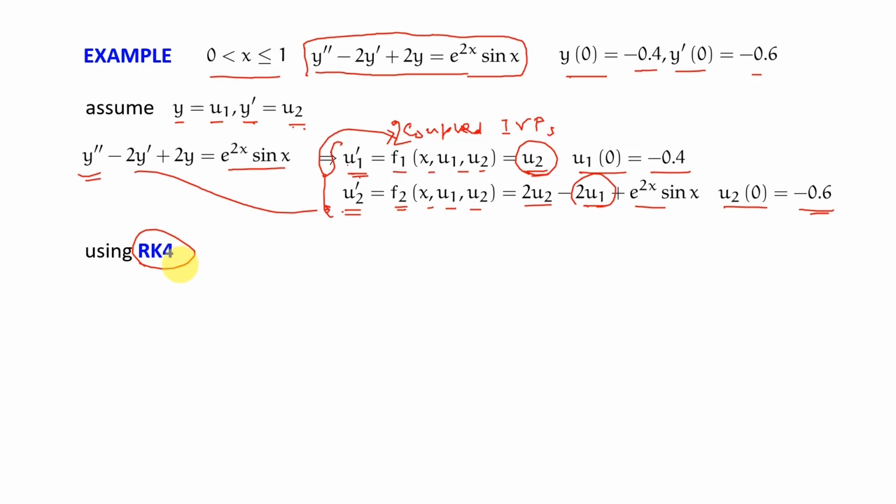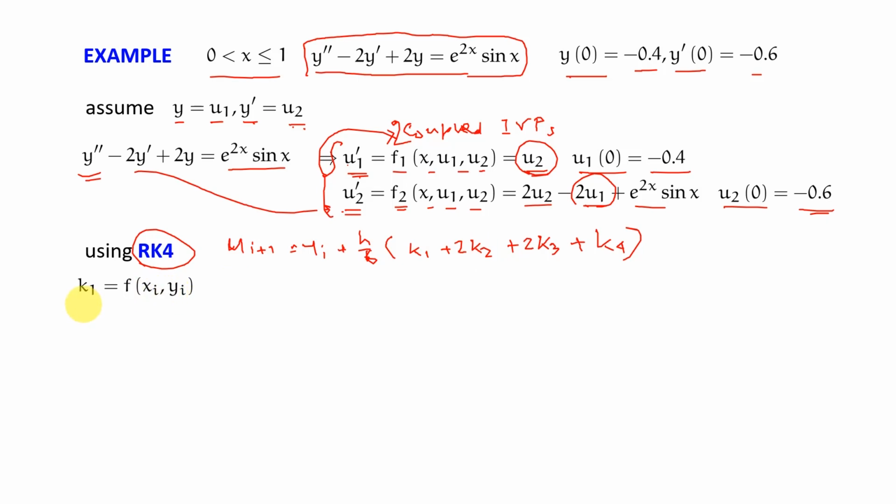If we have one equation, one unknown, then we know that we start Runge-Kutta using this. You remember that the general algorithm is y(i+1) equals y(i) plus h by 6 times (k1 plus 2k2 plus 2k3 plus k4).